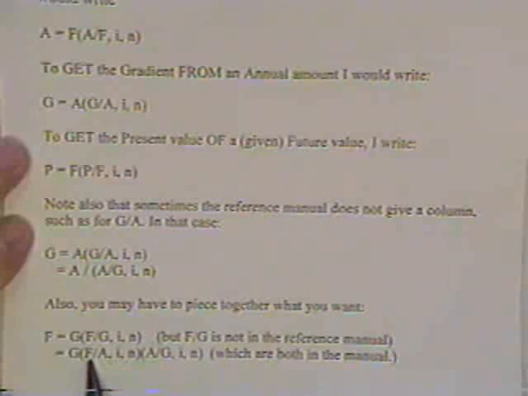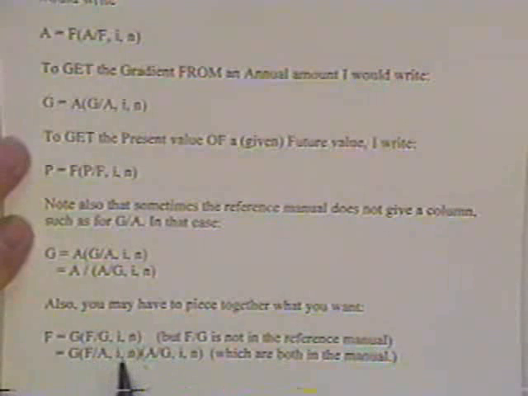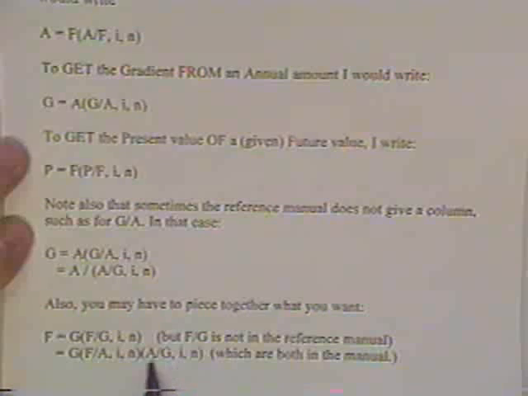For example, you do have a factor F over A, and you also have a factor A over G. Well, in this case, with these two factors, you'll notice that in F over A, the A will cancel the A in A over G. This A cancels this A, leaving you with F divided by G, which is the factor that you're looking for.